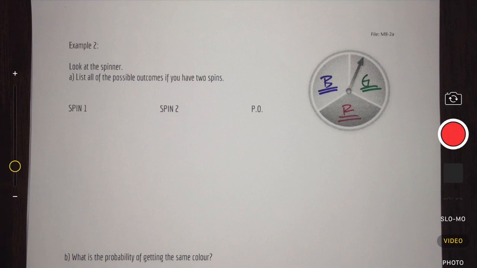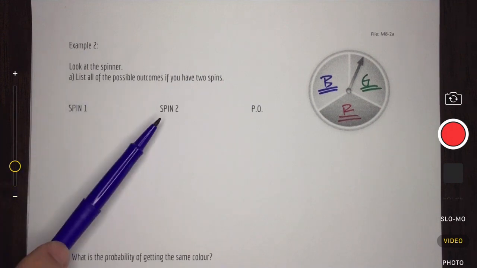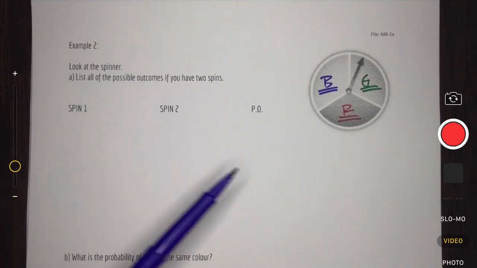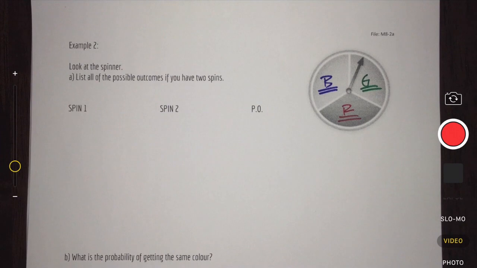I've already taken a second to set up my column. On spin number 1, I'm going to land on a specific color. On spin number 2, I'm going to land on a specific color, and then I can figure out my possible outcomes. In this example, I want to list all the possible outcomes if I have 2 spins.